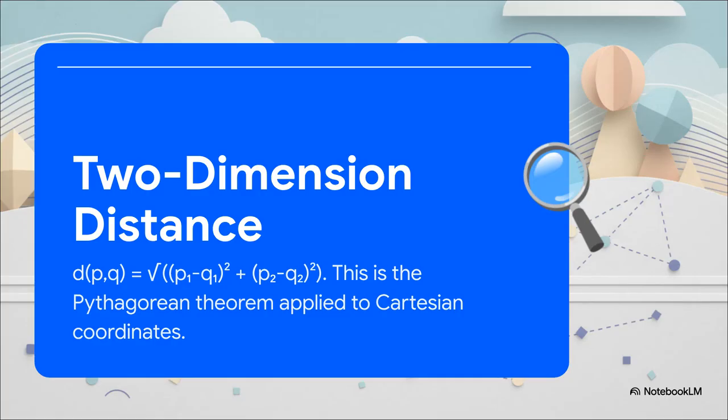And this formula really just lays it all out. It might look a little scary, but check it out. This first part, P1 minus Q1 squared, that's just the horizontal distance squared. That's our A squared. And the second part, P2 minus Q2 squared, that's just the vertical distance squared, or B squared. We add them up, take the square root, and we get the distance, C. It's just the Pythagorean theorem in disguise.